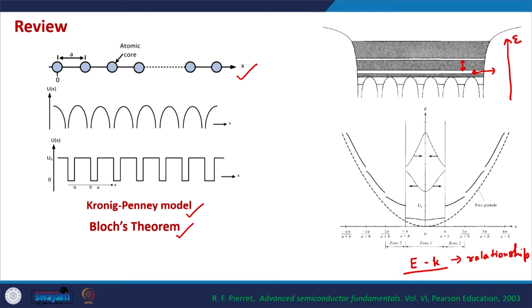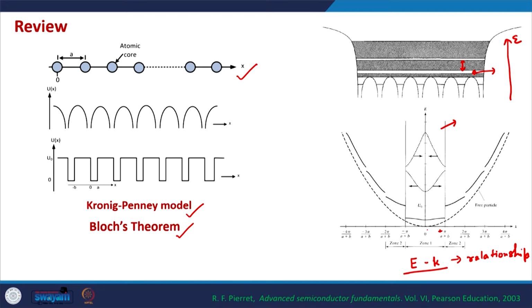What we see here is that there are two ways of representing EK relationship. One is the so called reduced zone representation, in which we plot E values corresponding to the K values in the range of minus pi by a plus b to plus pi by a plus b.